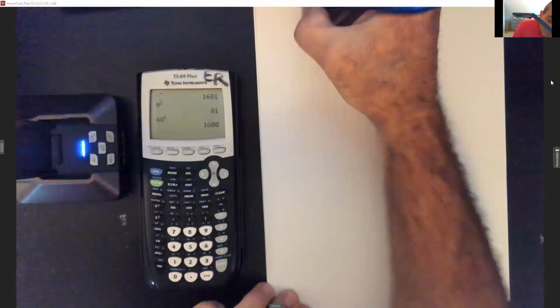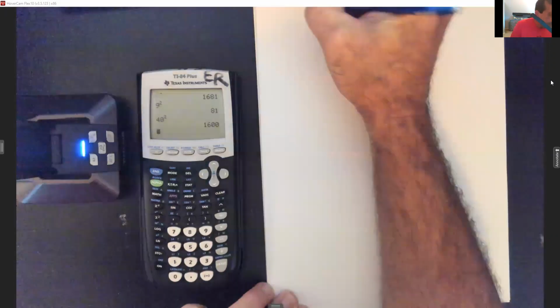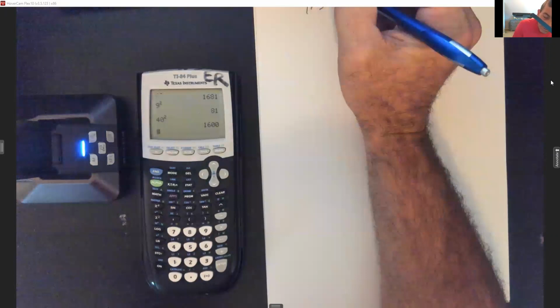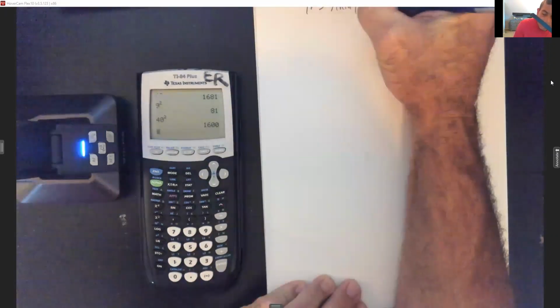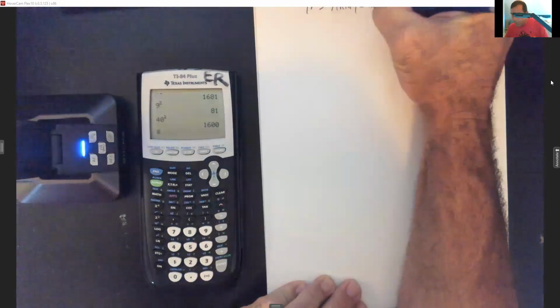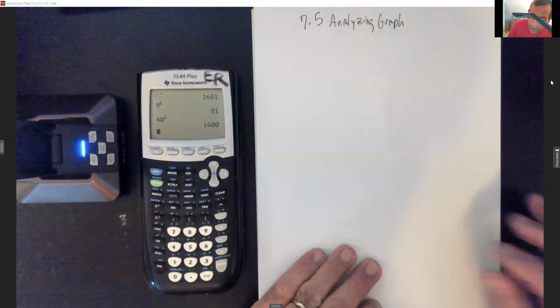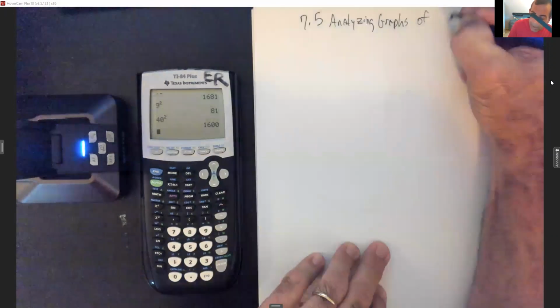All right, 7.5. Analyzing graphs of quadratic functions.